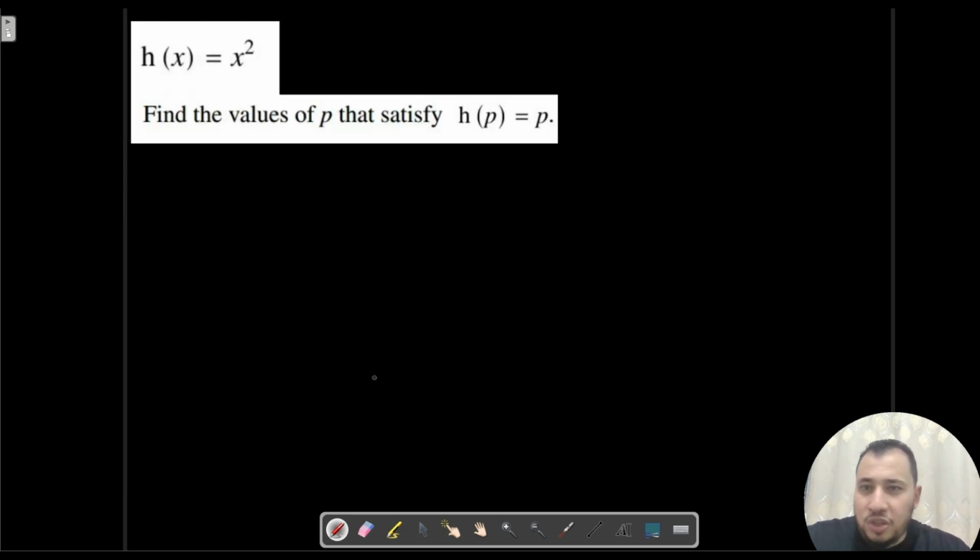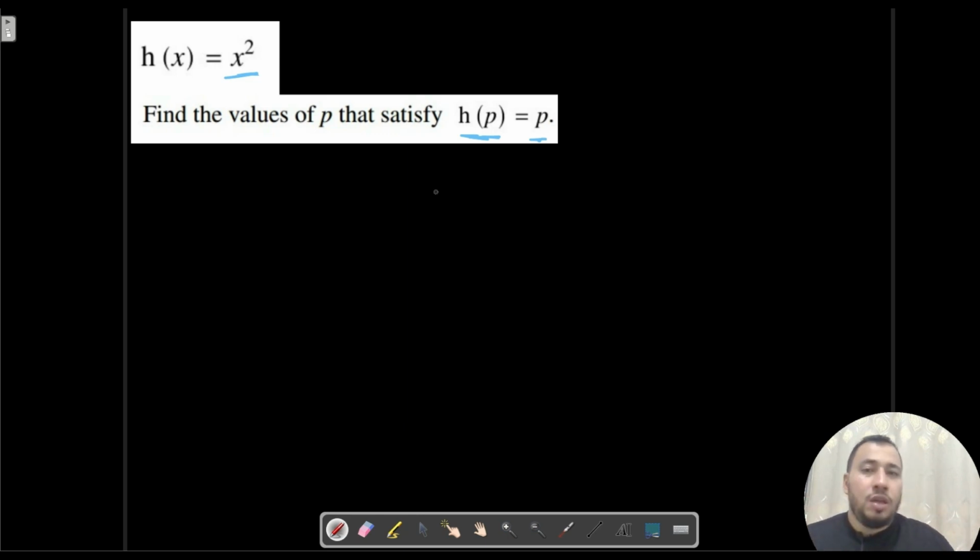Let's go to this question here. I have h of x equals x squared. What else do we have here? Find the value of p that satisfies h of p equals p. Great. Again, the idea here is substitution.